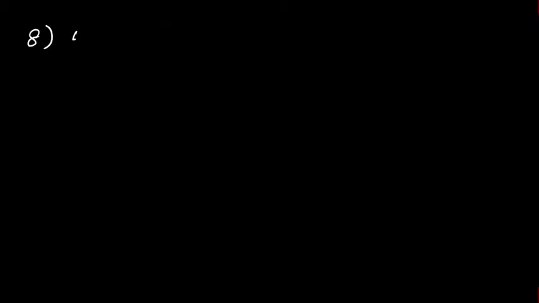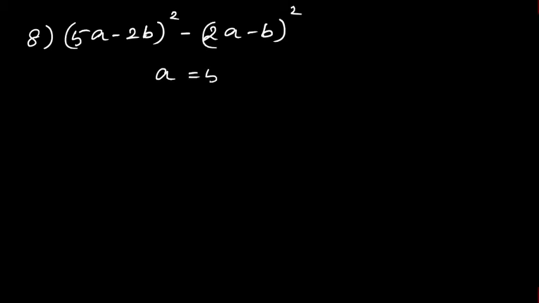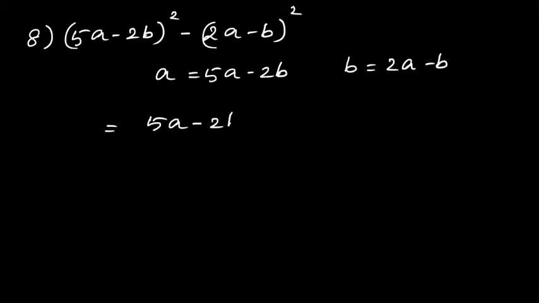Eighth question, factorize 5a minus 2b the whole square minus 2a minus b the whole square. So this is of the form a square minus b square, and a value is 5a minus 2b. Similarly, b value is 2a minus b. So when we substitute, we'll get a plus b, that is 5a minus 2b plus 2a minus b into a minus b.